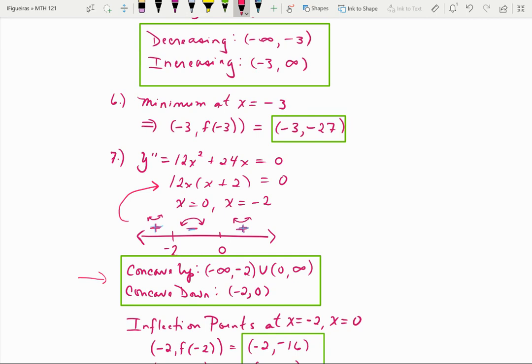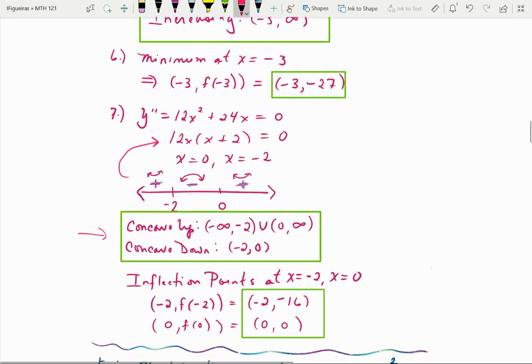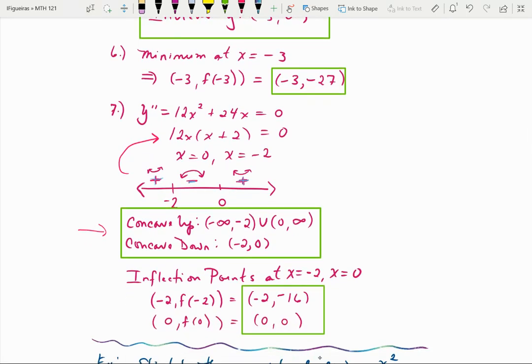Therefore, -2 and 0 are inflection points because there is a change in sign from positive to negative and then negative to positive. When x is -2, your f of x is -16. And when x is 0, your y is 0. So it turns out that 0, 0 is an important point on this graph. It's actually an inflection point.